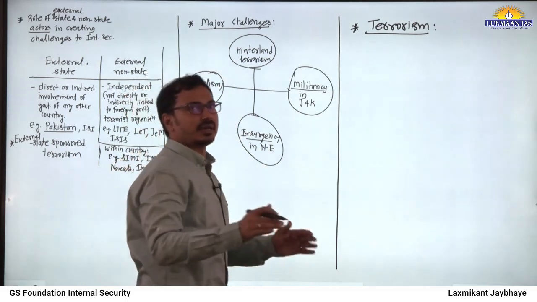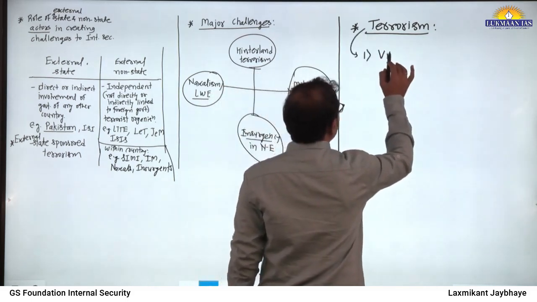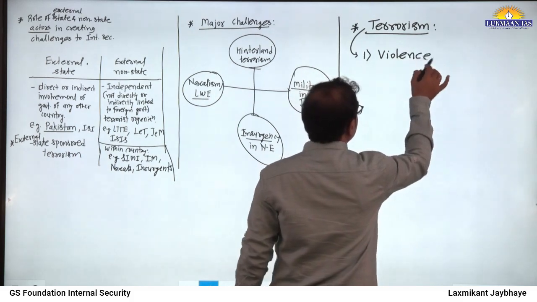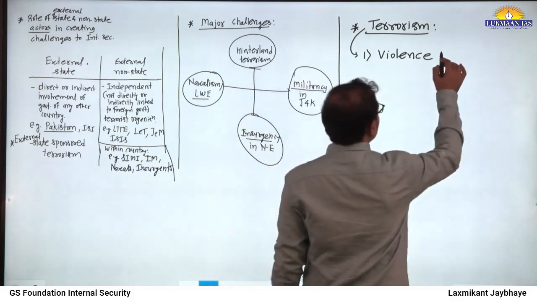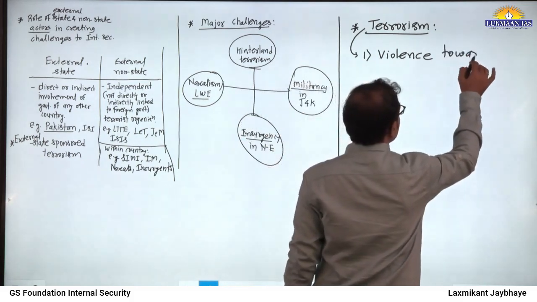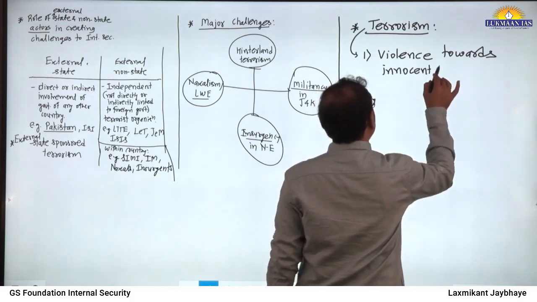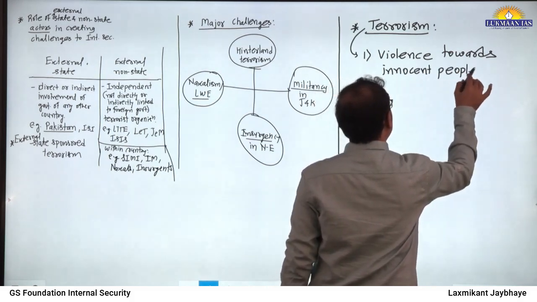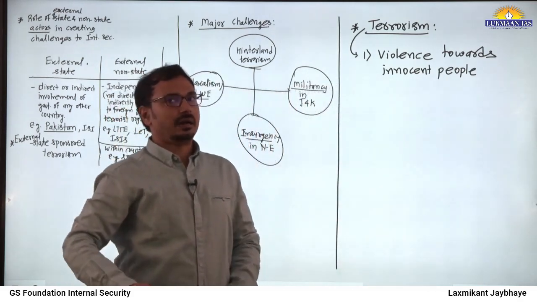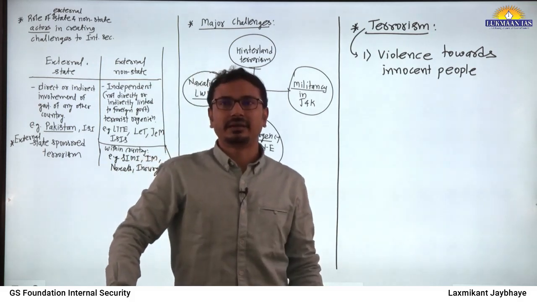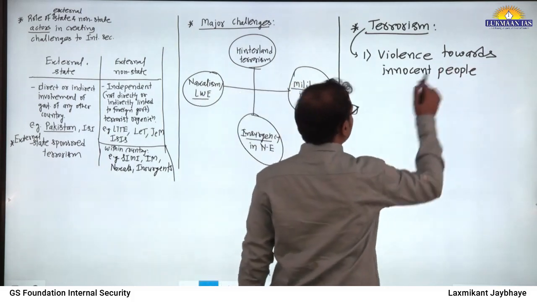A terrorism or terrorist activity necessarily involves, first thing, use of violence towards innocent people. Unintended people are harmed deliberately. Okay, so deliberate actions happen here.